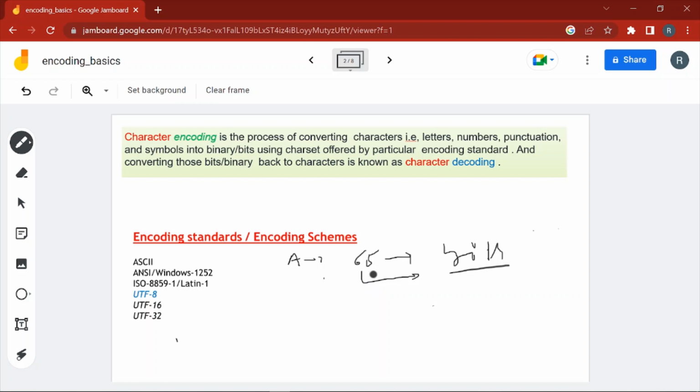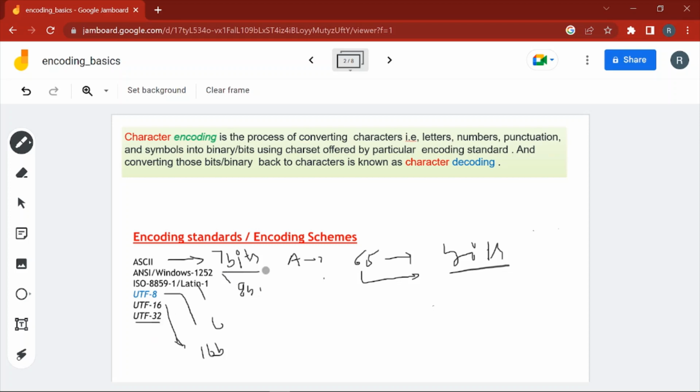You have a particular number and you are converting it into bits. How many bits can you use to represent that number? That is mentioned in the encoding scheme. ASCII is 7 bits, so the number is represented using 7 bits. ANSI is 8 bits. ISO is also 8 bits. UTF-8 is 8 bits to 32 bits. UTF-16 is 16 bits and UTF-32 is 32 bits.